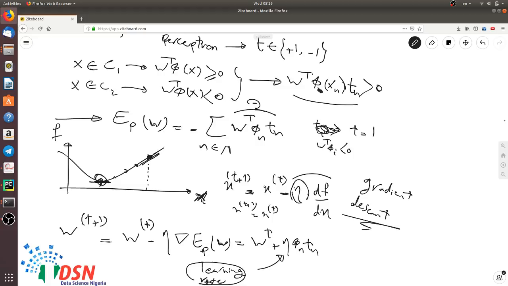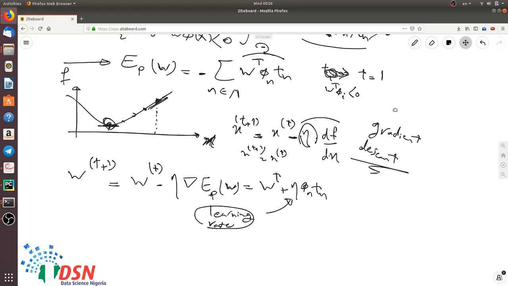In real problems it is a constant that you could set. So we update the weights in this manner. As you could see, our update term is phi n t n, and this is just for misclassified patterns.